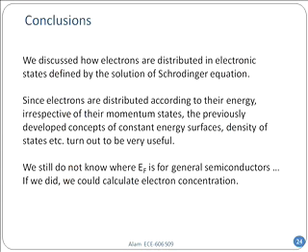Okay, so let me conclude here. We have discussed Fermi-Dirac statistics, occupation statistics defined by the states from the solution of the Schrodinger equation. From now, we will not talk about the Schrodinger equation anymore, because all the information about it is hiding in the effective mass, right?